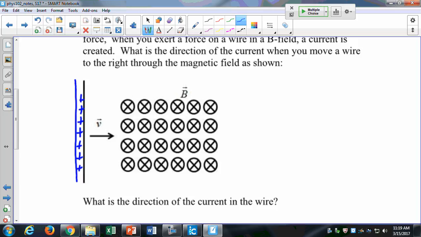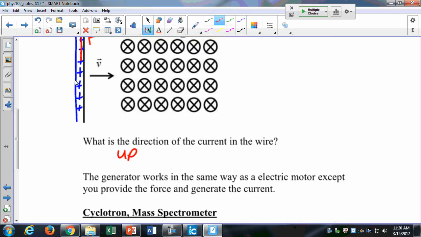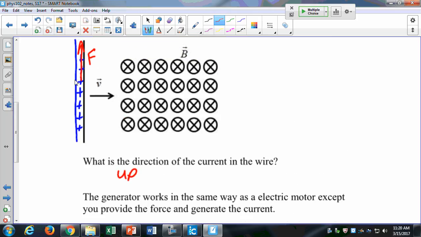So these protons are all going to move in the upward direction. They're going to feel a force that is up, causing the direction of the current in the wire to be up as well. Remember, we talk about the flow of electricity as the flow of protons, even though it's really the flow of electrons.